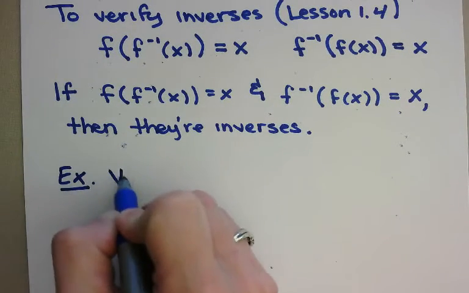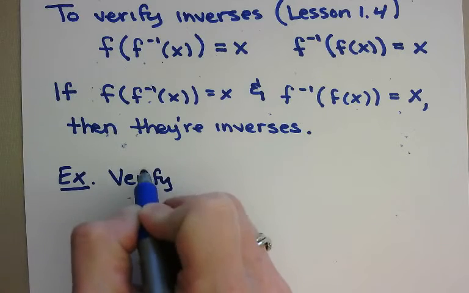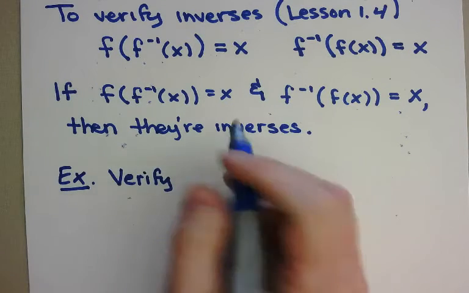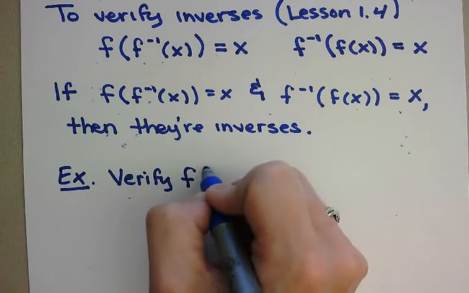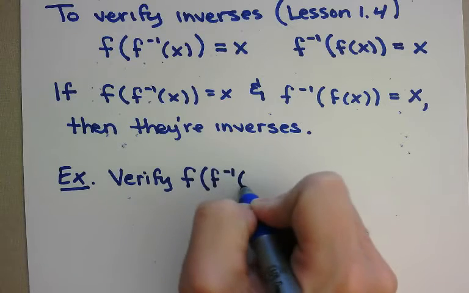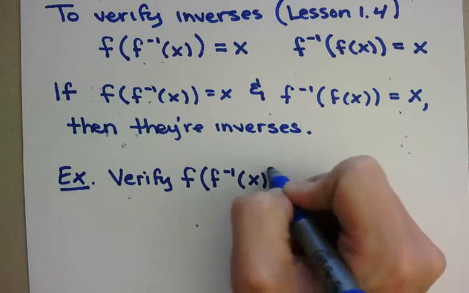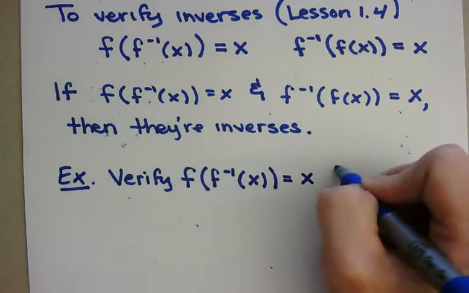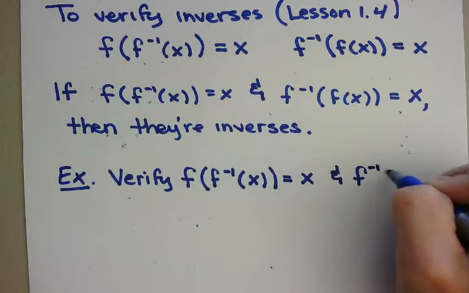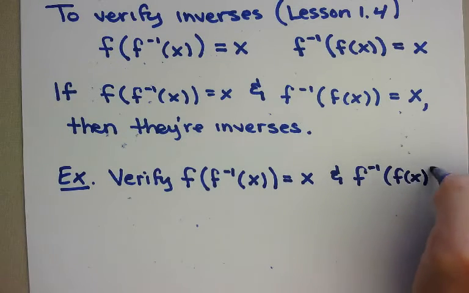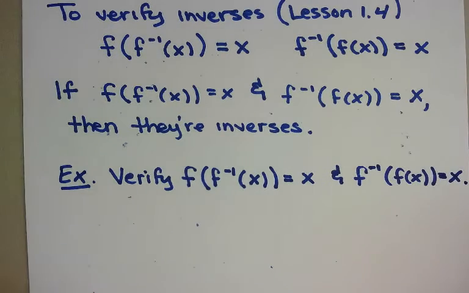Okay. So let's review what that would look like. Let's say I want you to verify f of f inverse equals x and f inverse of f of x equals x.